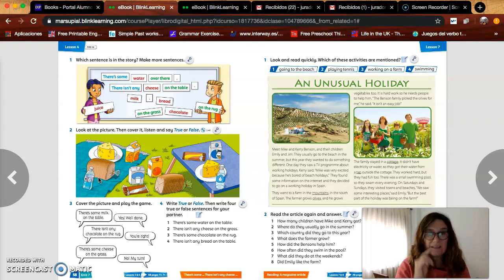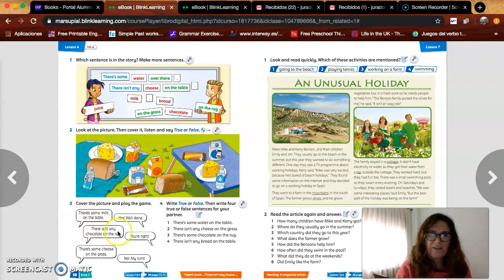Lo que tenéis que hacer es volverlo a poner las veces que necesitéis, y vais a poner la oración que escuchéis y al lado true or false, verdadero o falso. Como lo podéis escuchar un montón de veces, y ya sabéis, siempre vais a tener que poner al principio there's some o there isn't any y un alimento de los que están aquí, ¿vale? Y recordad, on the table or on the rug. Rug, R-U-G.